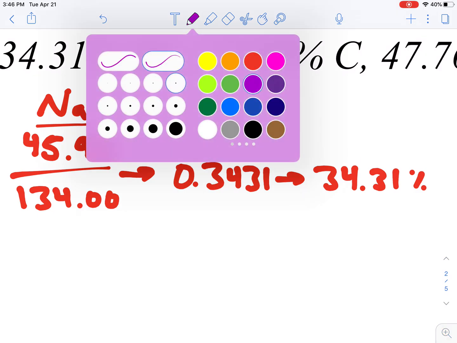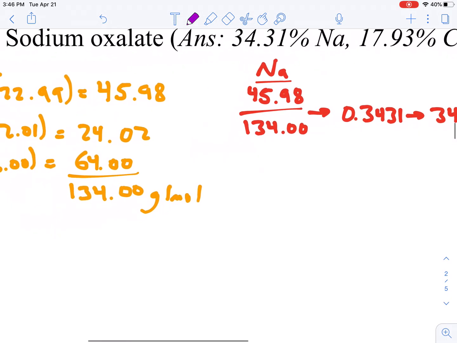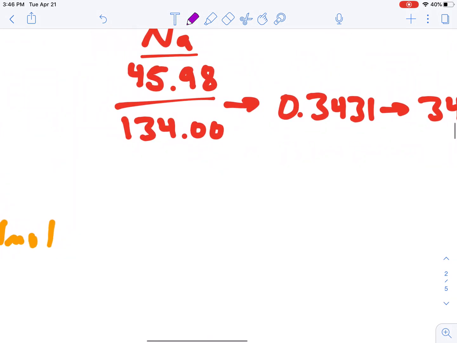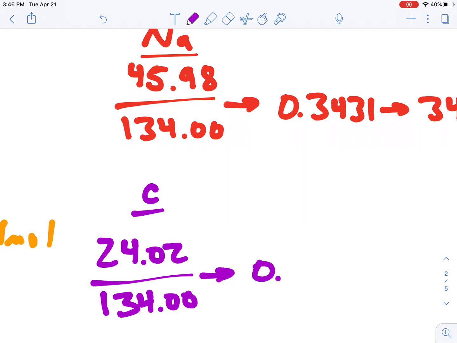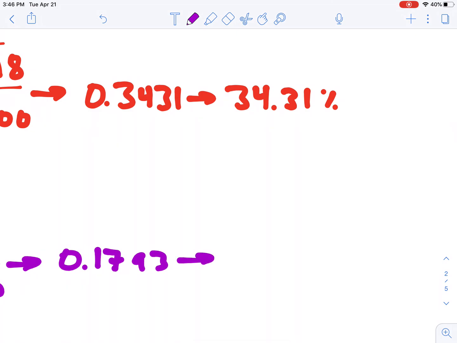We can also do this for carbon. So carbon weighed in at 24.02 grams per mole over the grand total, which was 134.00. Do that math in your calculator, you'll get 0.1793, which turns into 17.93%.